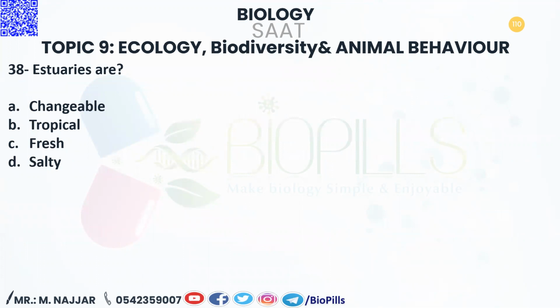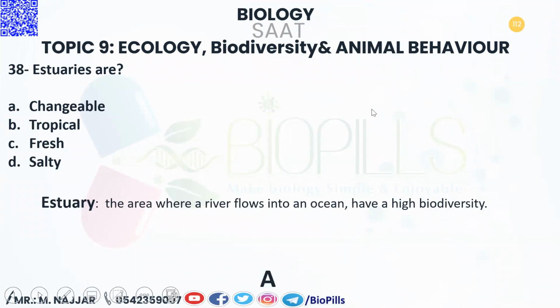Question number 38. Estuaries are A, changeable, B, tropical, C, fresh, D, salty. They are changeable, as we just mentioned in the previous definition. They are the area where a river flows into the ocean, and it has the highest biodiversity.